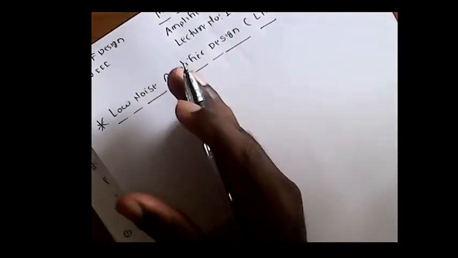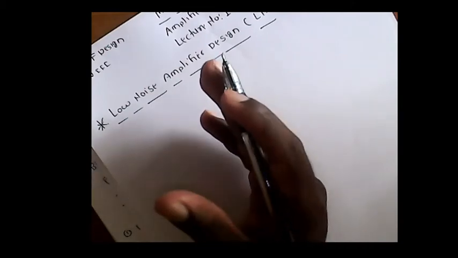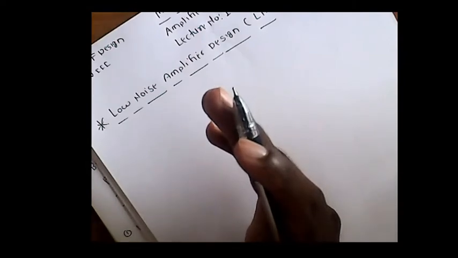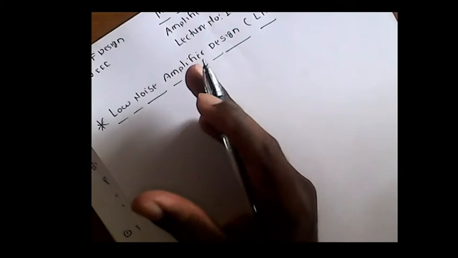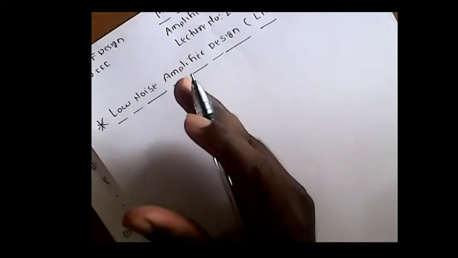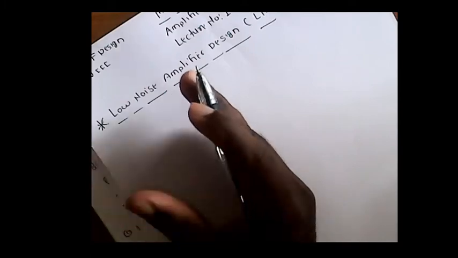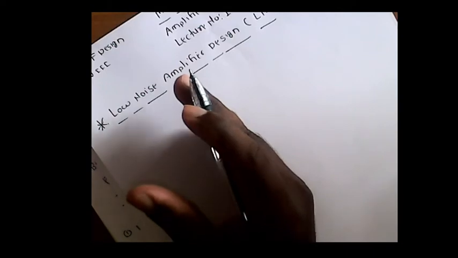Besides stability, we designed for maximum gain and specified gain. But in this lecture, for receiver applications, we often need a preamplifier with a low noise figure, as can be shown in the figure.